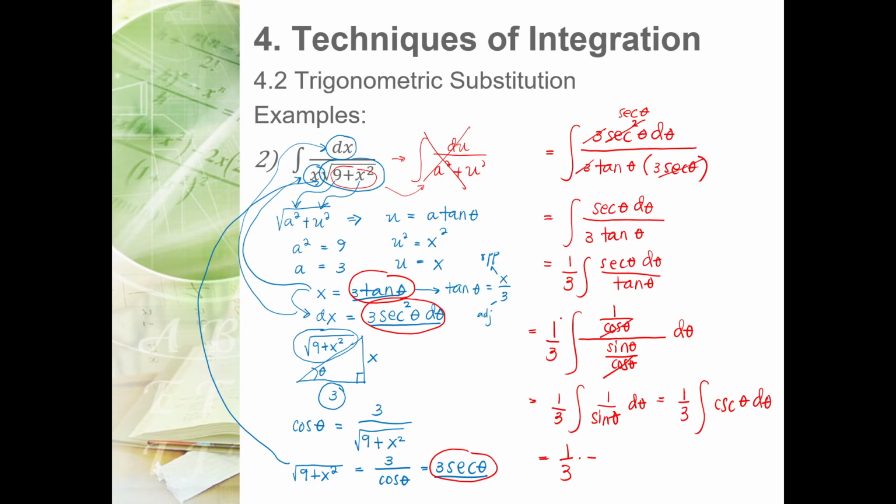Okay, so the integral of cosecant will be negative ln of cosecant theta plus cotangent theta plus c.